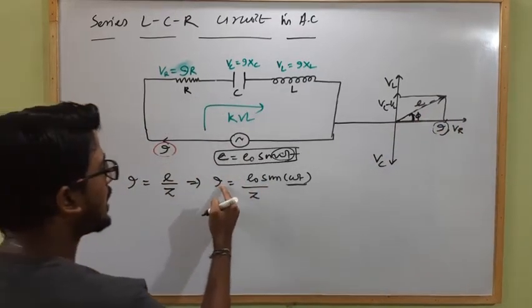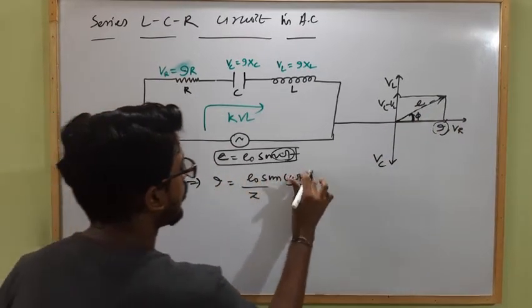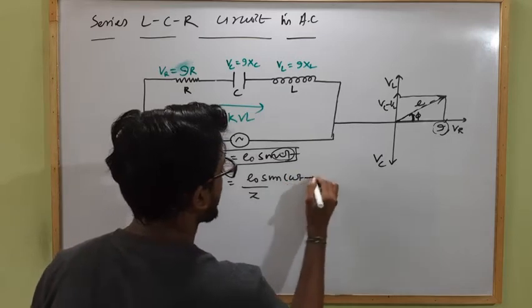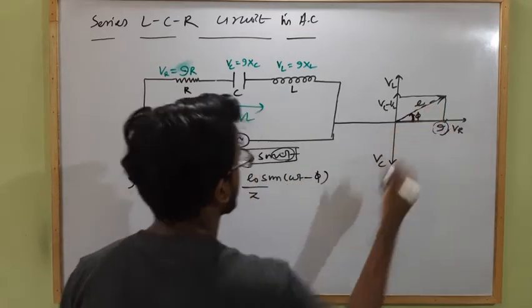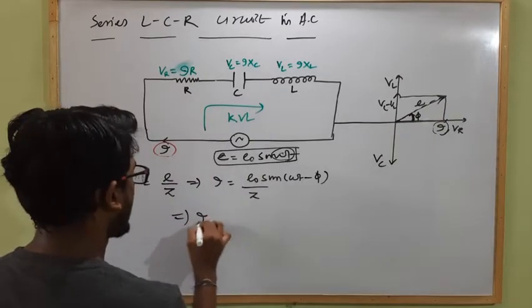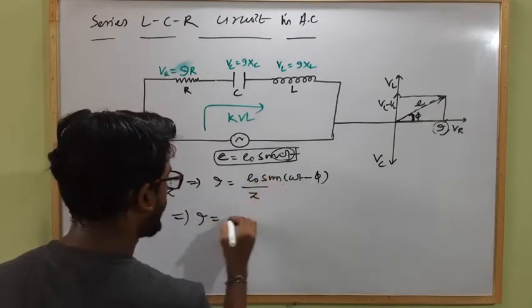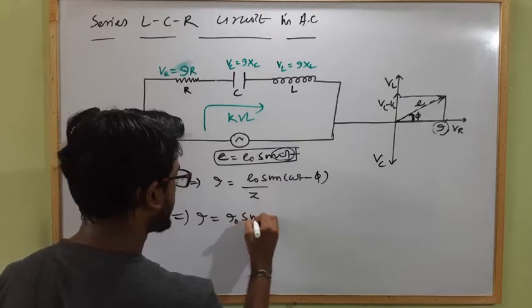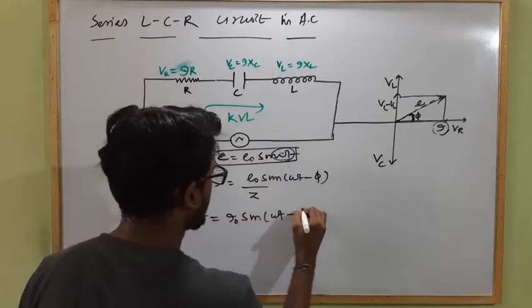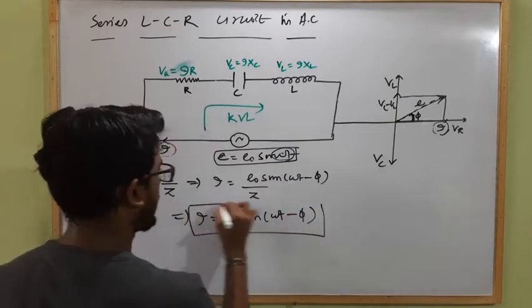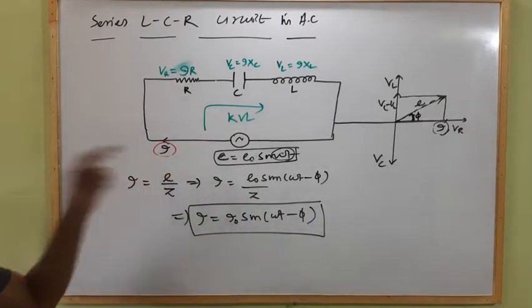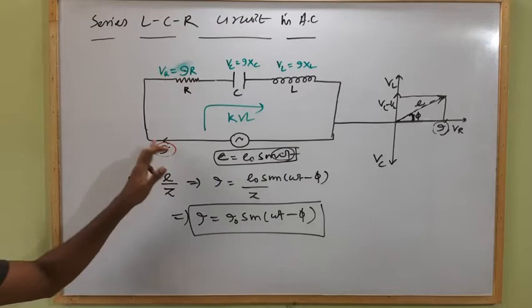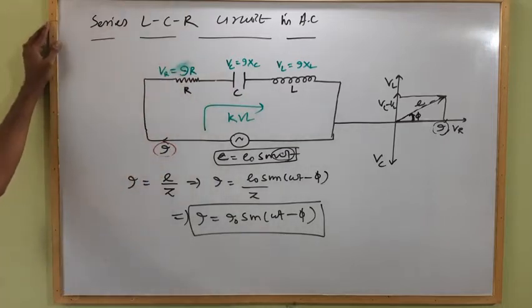So we can write I equals E naught by Z sin omega t, with the phase difference minus phi, because it lags behind E by phi. So this becomes I equals I naught sin omega t minus phi. Clear? This is the expression for the instantaneous value of the alternating current flowing through an LCR circuit.